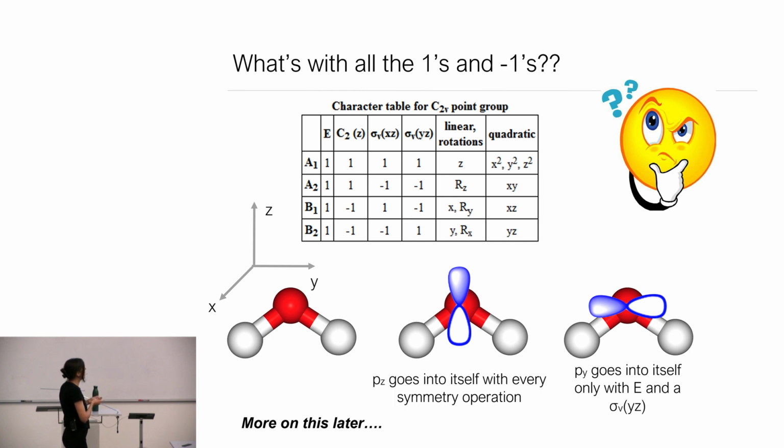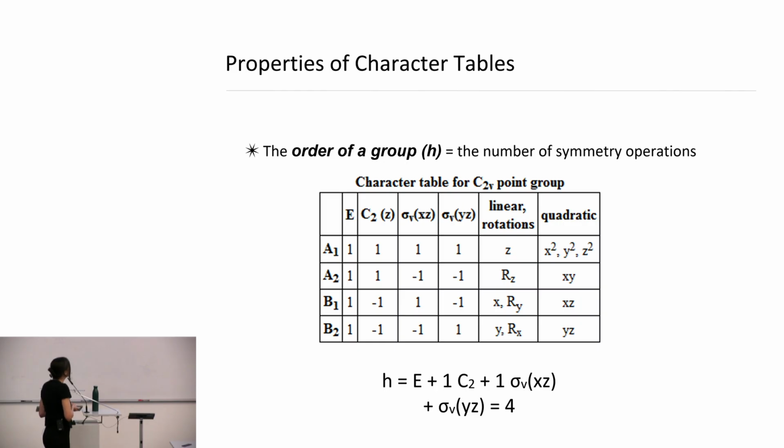And so the PY orbital, I would say, goes as -1, -1, 1 under C2V, and it transforms hence as Y. So that's where these actually come from. And this is, in a sense, how we're going to later relate it to actually build up our molecular orbital diagrams. Okay, so some just important nomenclature.